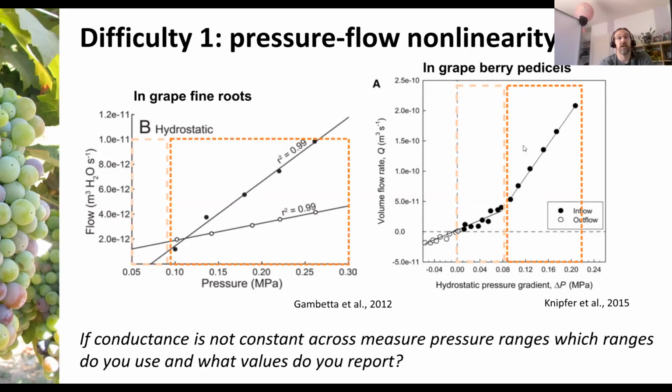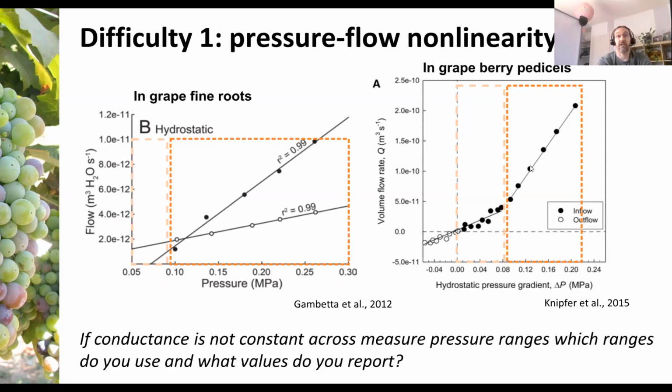What you see there is a two-phase sort of pressure-flow relationship. When Torsten put in low pressures or even negative pressures, he was using a root pressure probe, for those of you who know what one is, which he modified to do these measurements. And he gets basically two phases. One phase down here in the lower region, and then all of a sudden it gets steeper at these higher pressures. So this creates a conundrum directly.